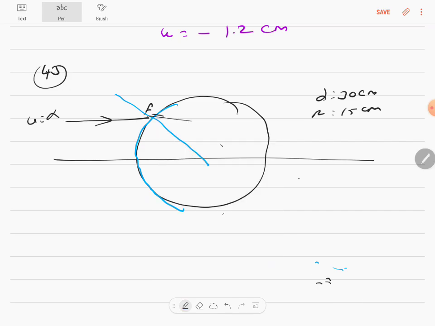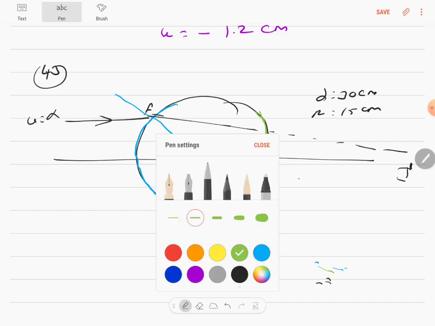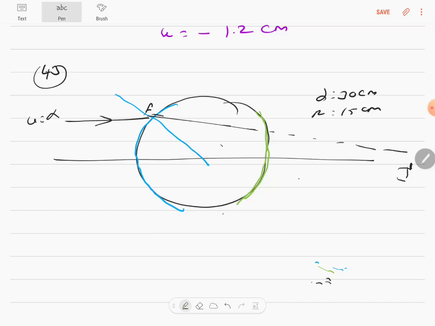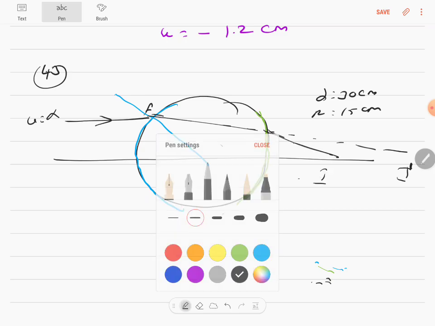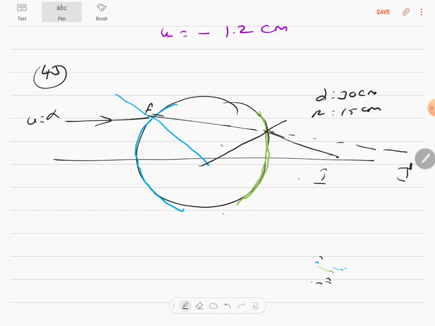This light ray would bend and normally go to this point I dash, which will serve as an object for the second spherical surface, which will further converge it and form a final image here, because this is going to be again your normal. Let me do it in blue color with the center of curvature.